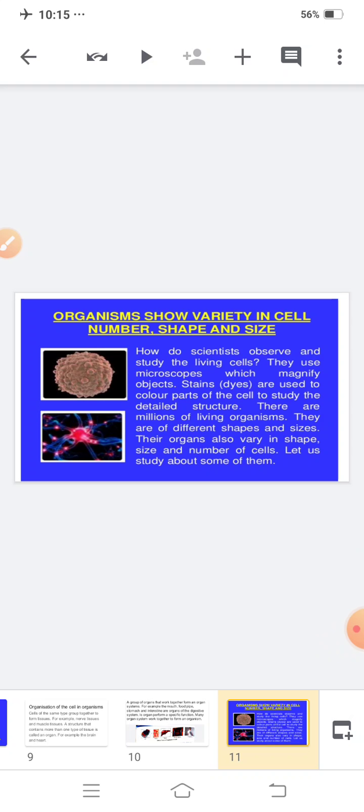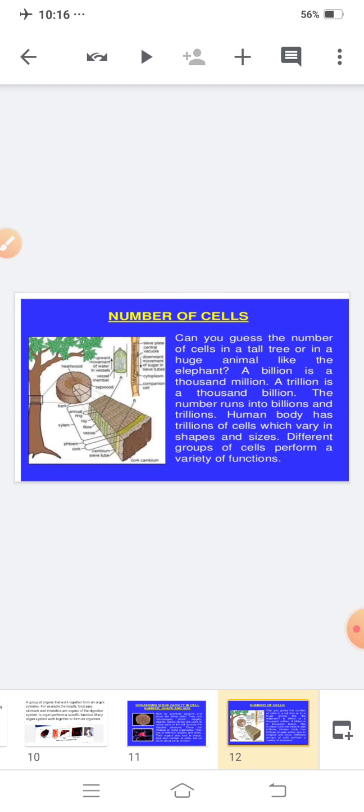Now we will study classification of cells based on number, shape and size. So first we will start with the number of cells. Can you guess the number of cells in a tall tree or a huge animal like the elephant? A billion is 1,000 million. A trillion is 1,000 billion, and the number runs into billions and trillions.